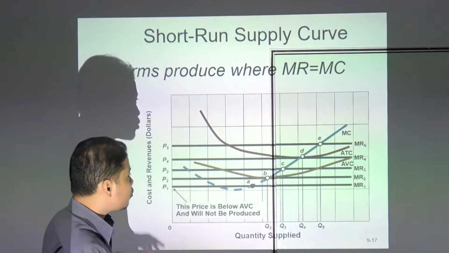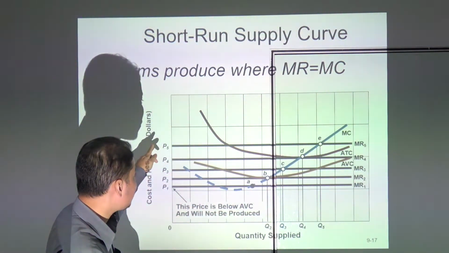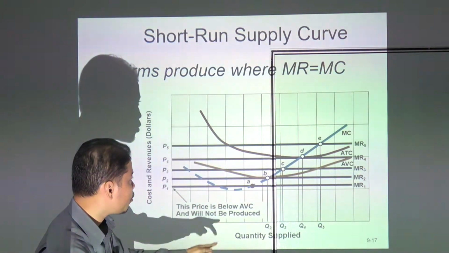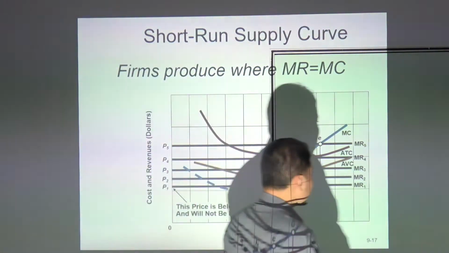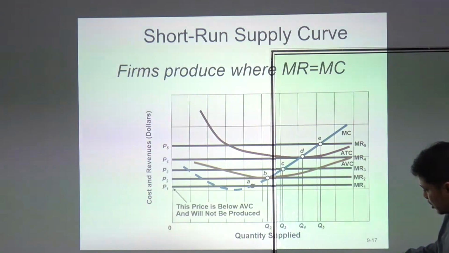Or we can also start from the top. So the market price can be at P5. At P5, MR equal MC at point E, and when you trace it down, the quantity should be at Q5.